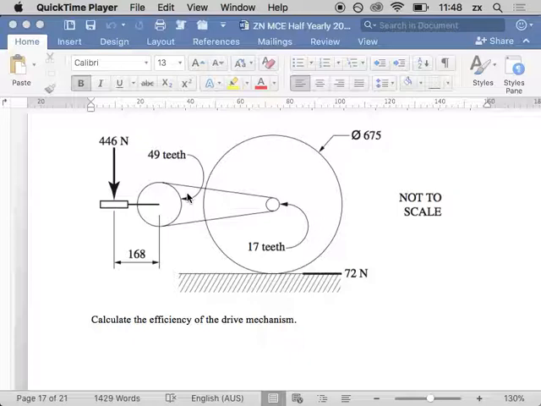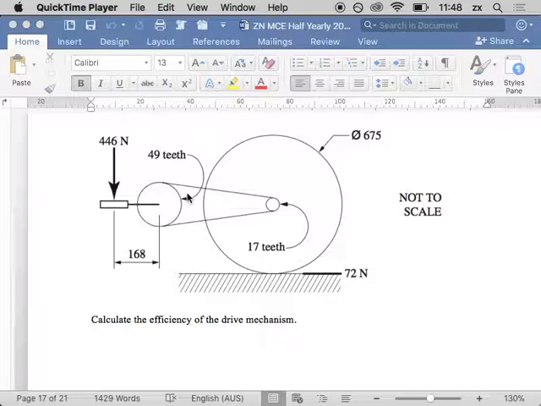What's the other diameter we're comparing to? 675. 675 is the big diameter. Great. Now we also have to consider the velocity ratio, which is how much one thing is turning versus the other thing.